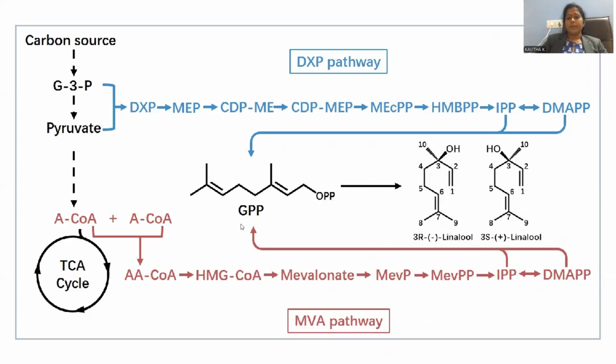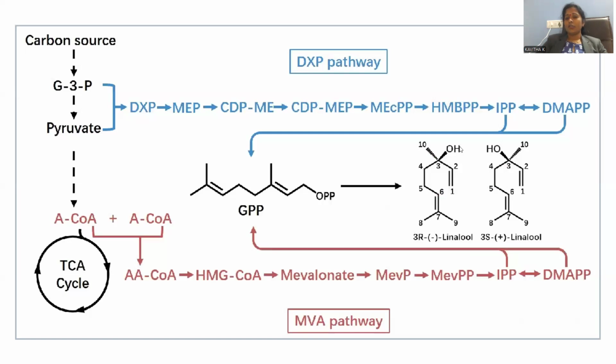After getting this GPP, we need to go for this conversion that is called linalool, with isomeric forms. Both are isomeric in nature. If you observe, only the absolute configuration differs, that OH either existing in the wedge bond or else the dotted line bond may be present.